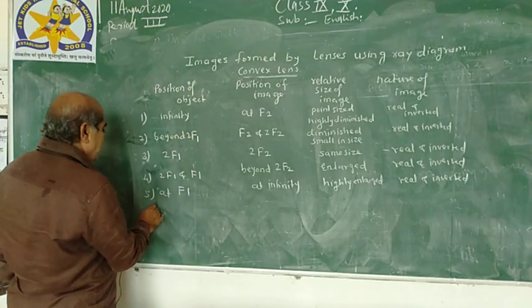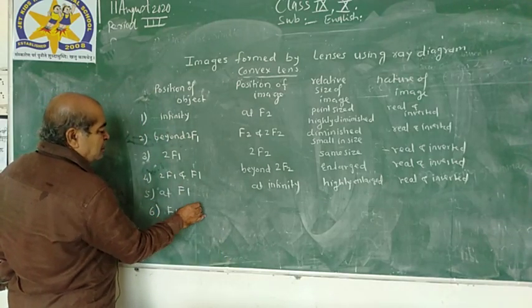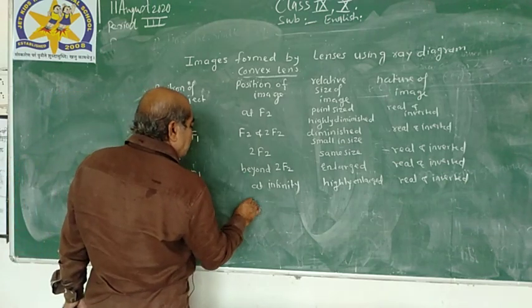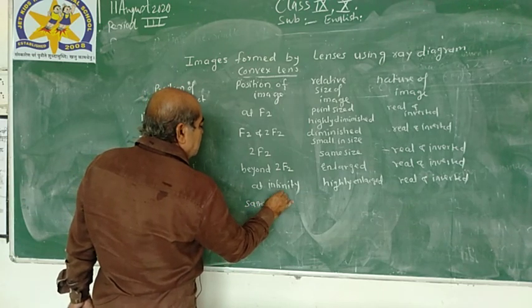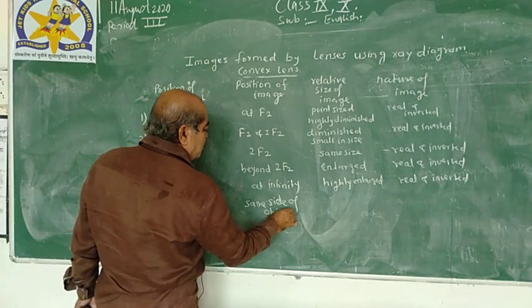And when the object is in between f1 and the optic center, then the image is formed on the same side of the object.